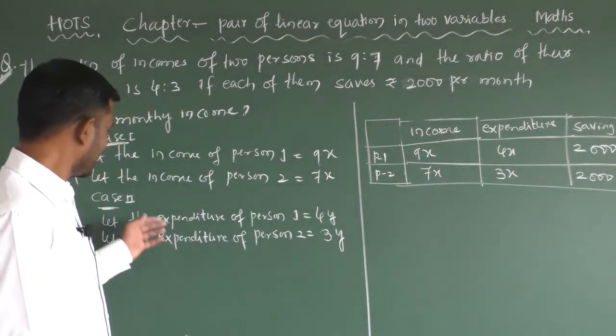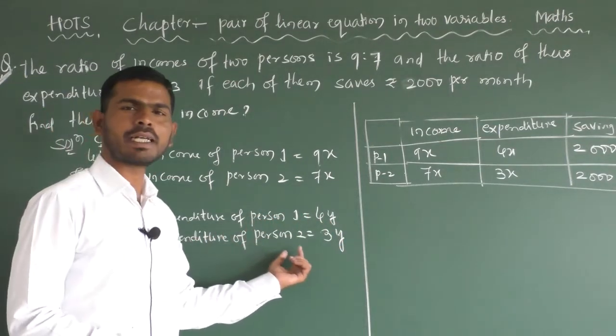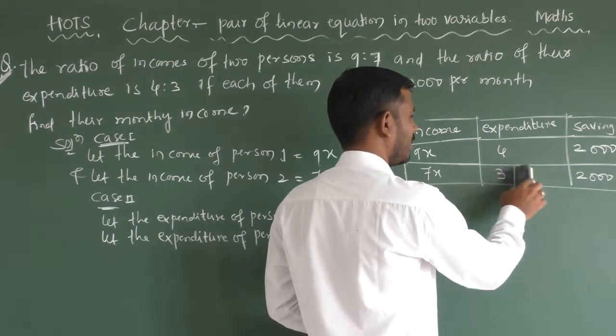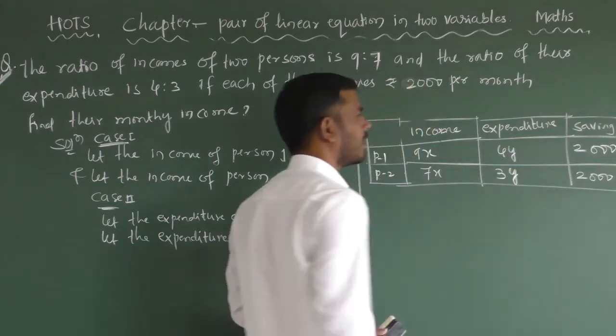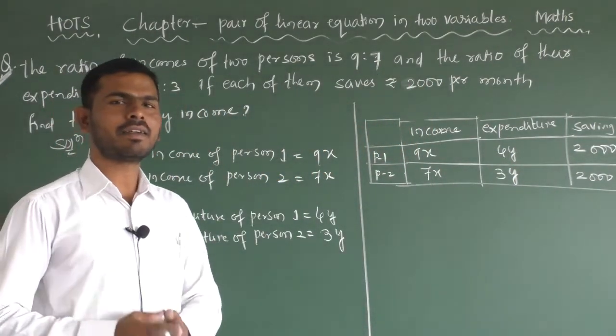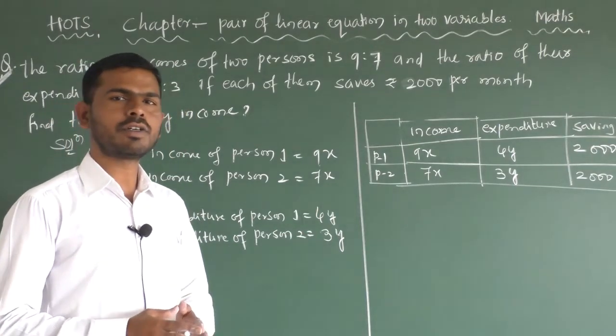Sorry for that. So the expenditure of the first person is 4y and of the second person is 3y. Income you consider as x and expenditure as y, and saving is the total amount directly given, 2000 rupees.